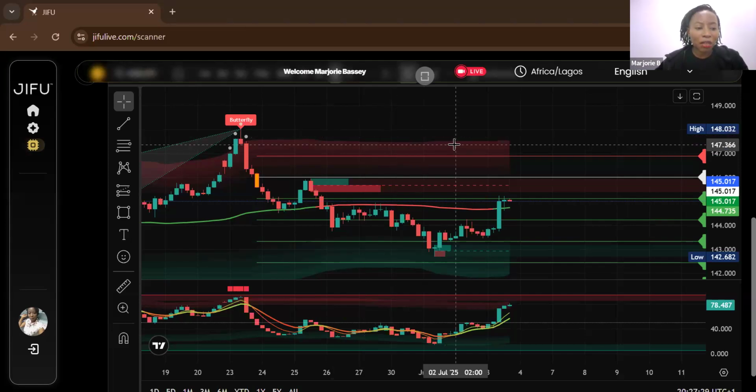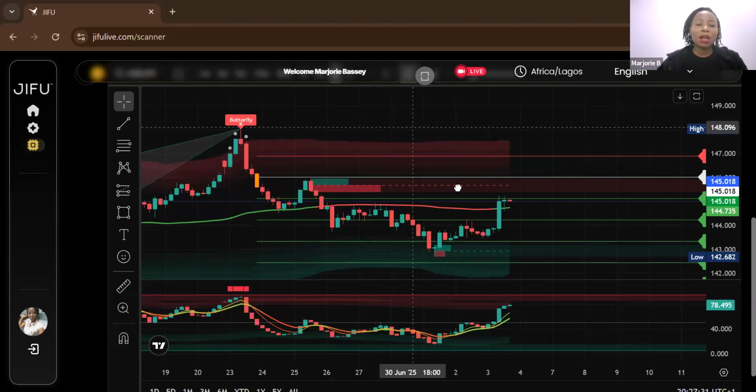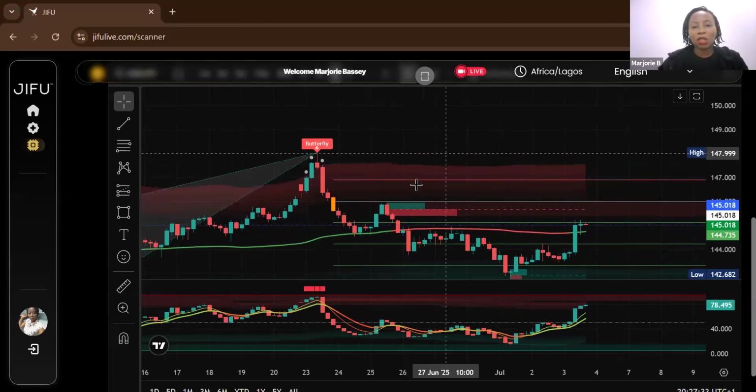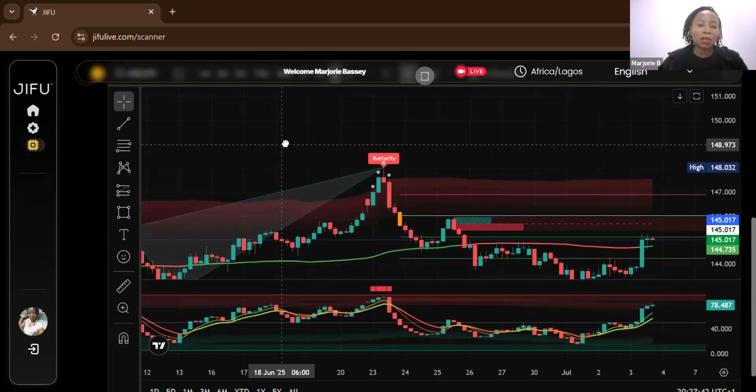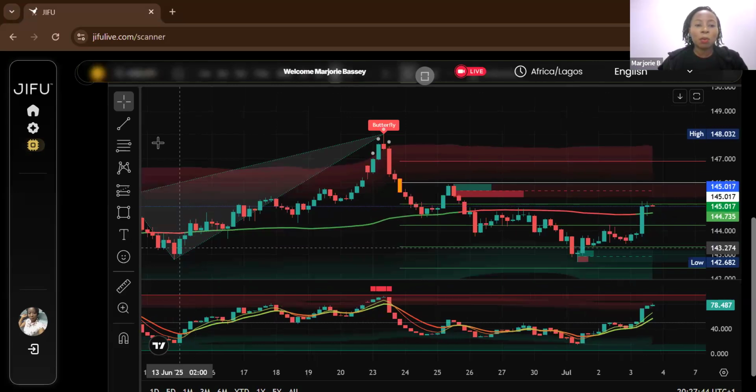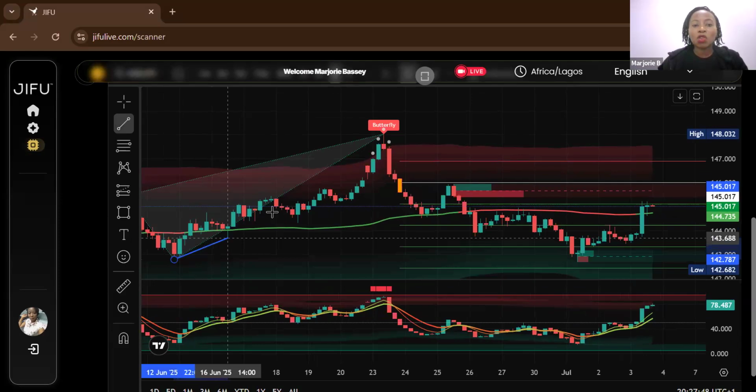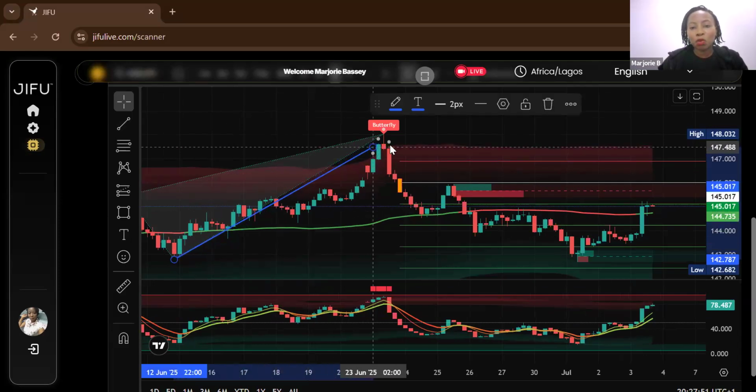What's a rejection candle? Now, when a market, like now, this red zone here is actually a sell zone. This market was going up from this point here, on a bullish move.